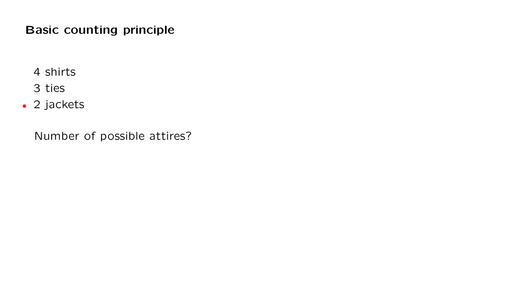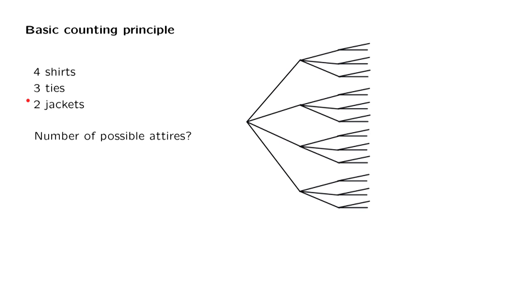To answer this question, let us think of the process of getting dressed as consisting of 3 steps, 3 stages. You first choose a shirt, let's say this one, and you have 4 choices of shirts.